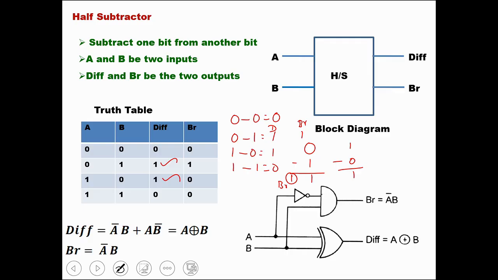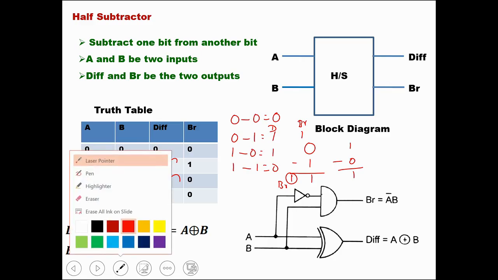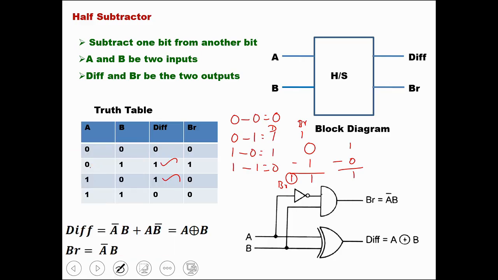The product term for the first output is A bar B, and the second output is A B bar. So the difference is A bar B plus A B bar. We know that A bar B plus A B bar is an XOR gate. So it is written as A XOR B.